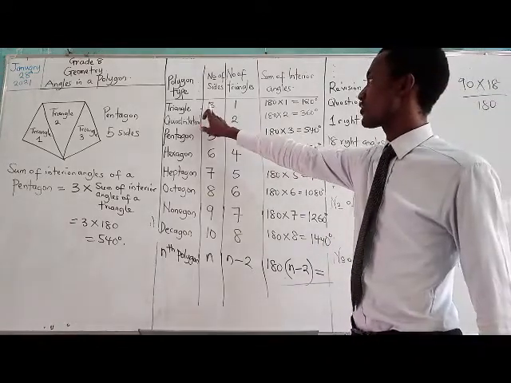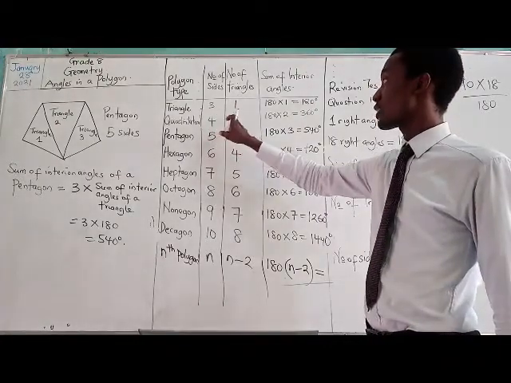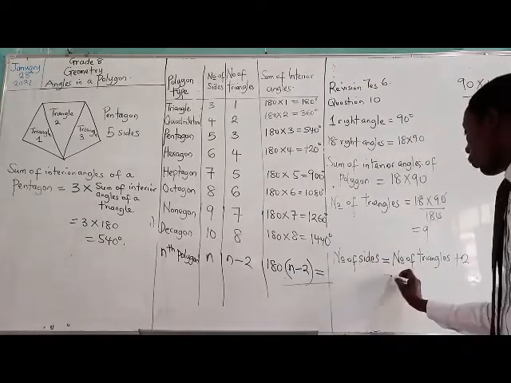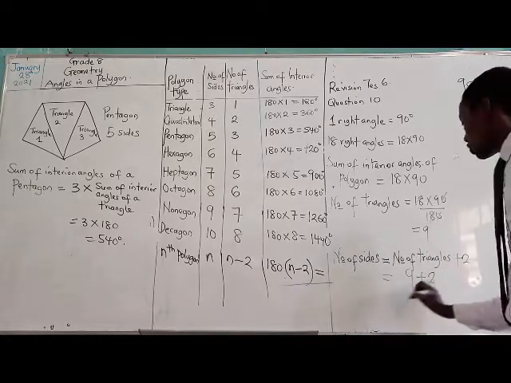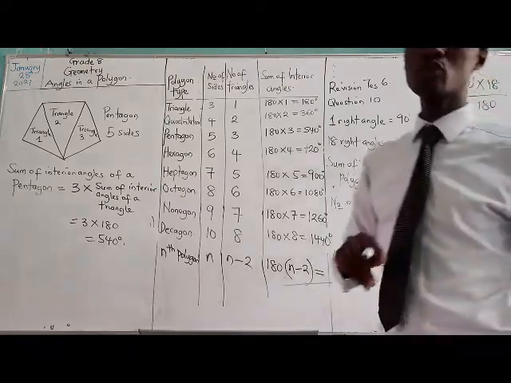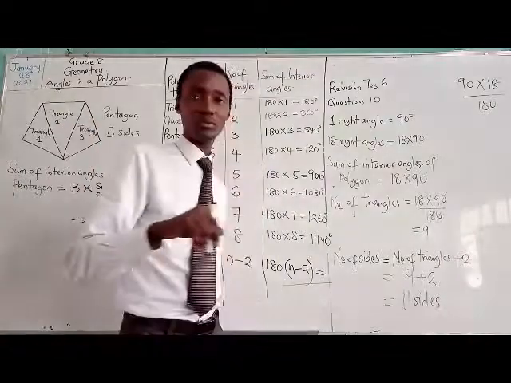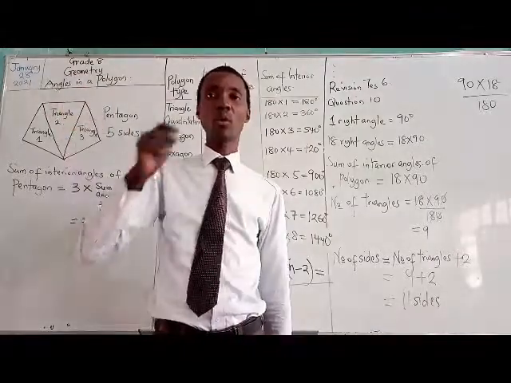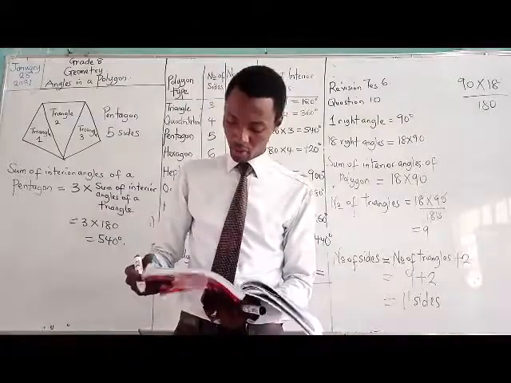Remember, if we remove 2 from the number of sides, we get the number of triangles. So, if the number of sides is what we are looking for, what is the number of triangles? 9. Plus what? 2. So, this figure has 11 sides. And technically, we are going to call this undecagon. U-N-D-E-C-A-G-O-N. Undecagon. So that is the shape of the polygon we are considering.